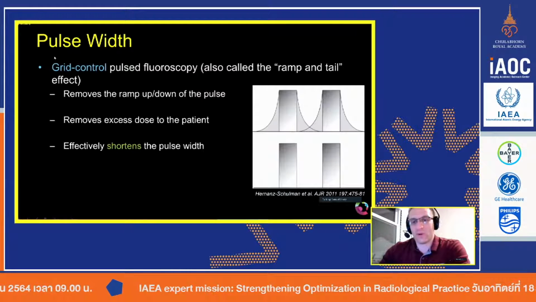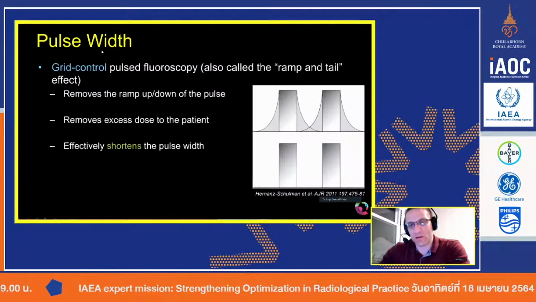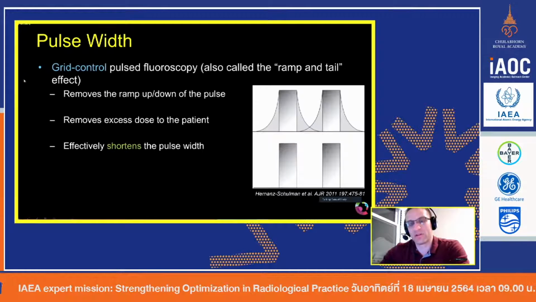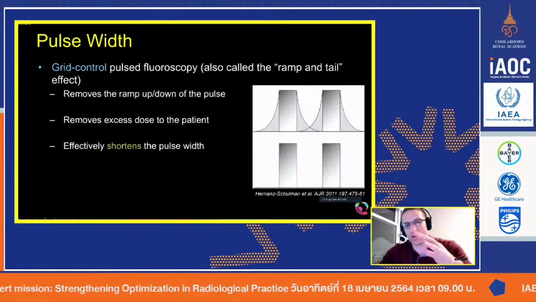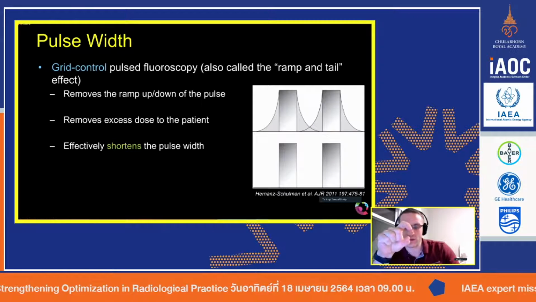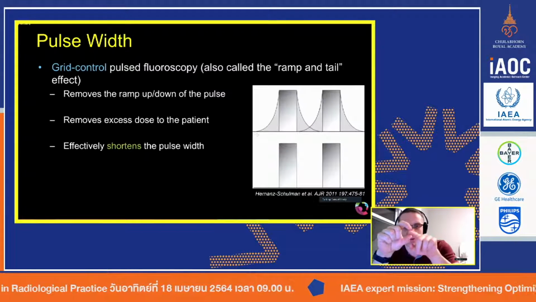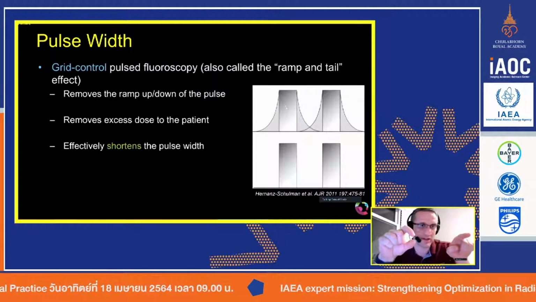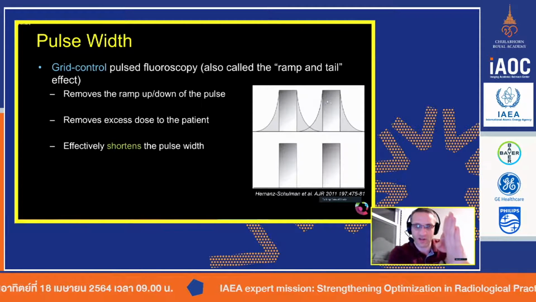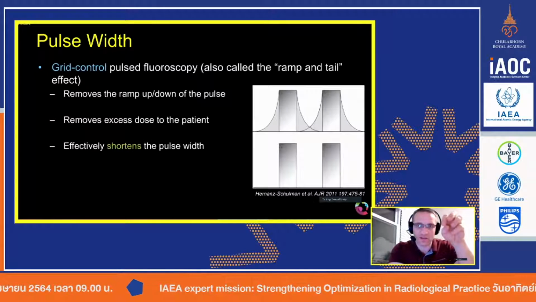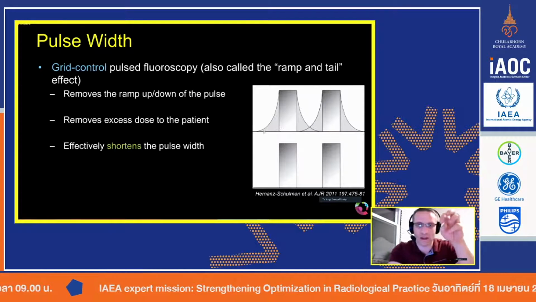What does that mean? Well, for every pulse that we acquire, there's usually a ramp up to get to the right temperature on the cathode before the electrons will boil off, accelerate until they hit the target or the anode in the X-ray tube, and then they create the X-rays that come out.